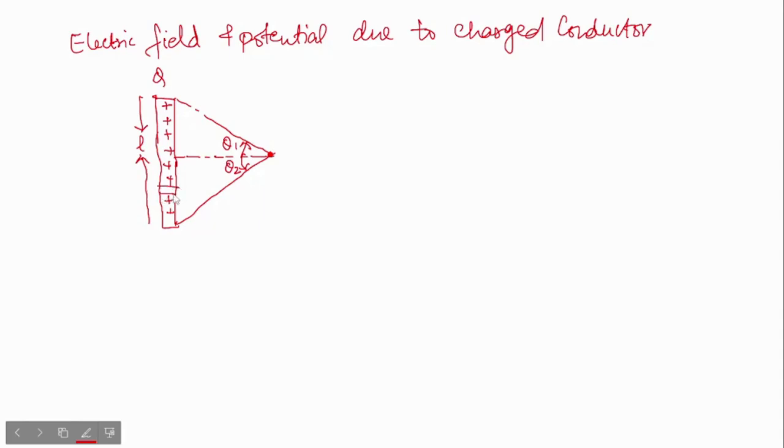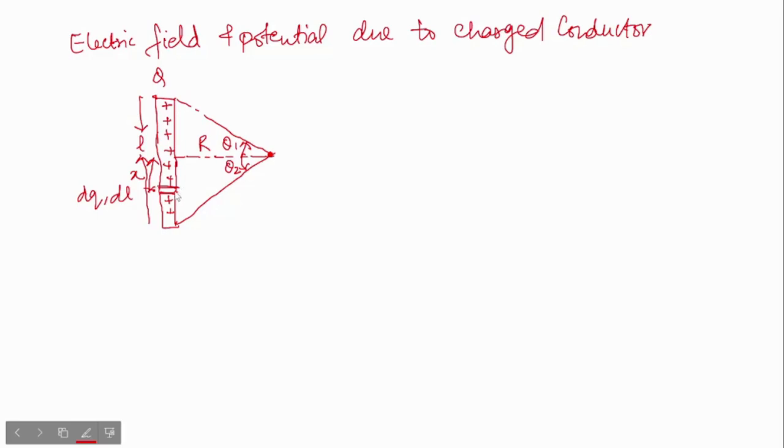Suppose dq of length dl is at a distance x from this point, and this distance is capital R.